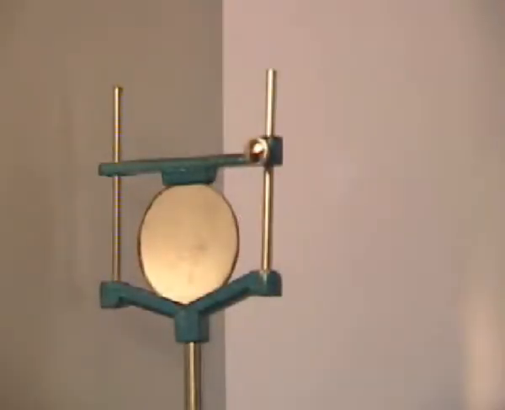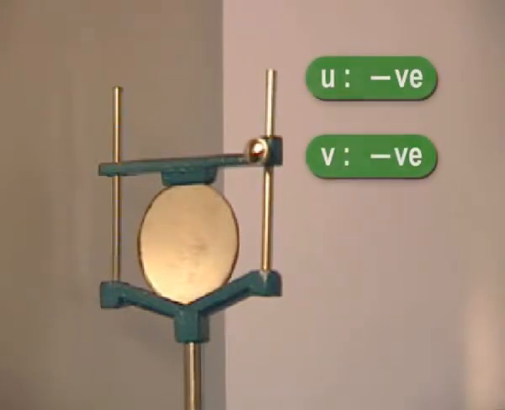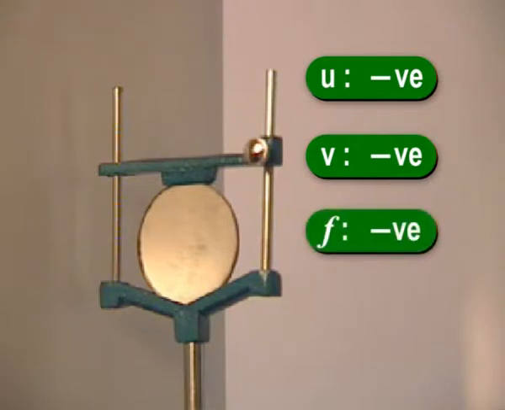In the case of concave mirror, for real image, both u and v are negative as per new Cartesian sign convention. The focal length f is also negative. So, we will take up the procedure now.